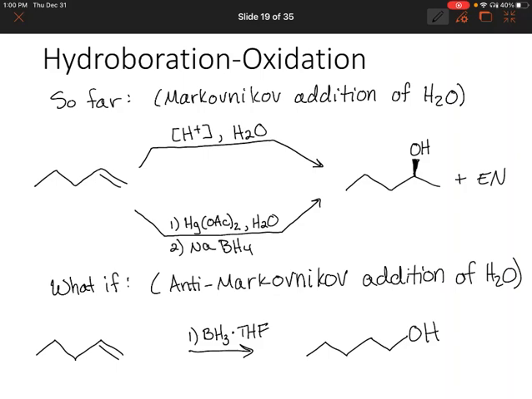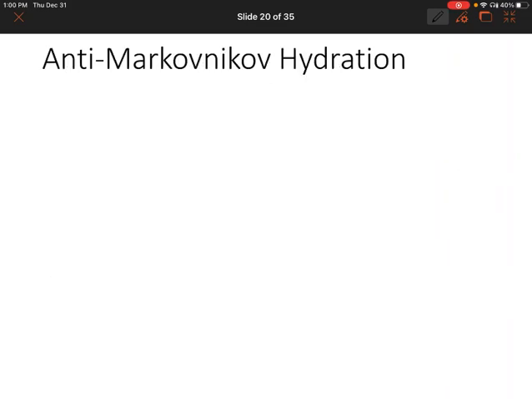We also have a second step where we use hydrogen peroxide and sodium hydroxide. Okay. So how does this work? Again, hydroboration oxidation gives us anti-Markovnikov hydration.